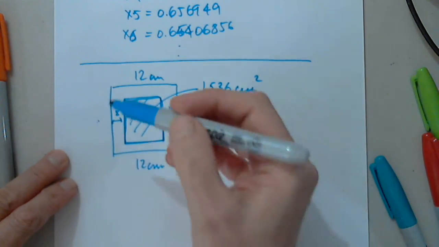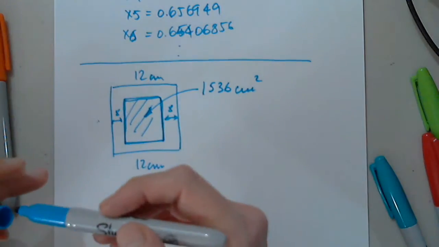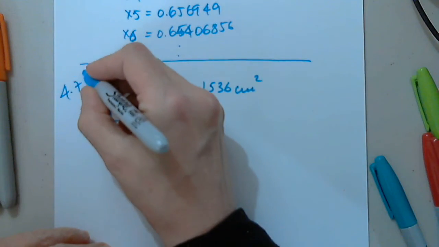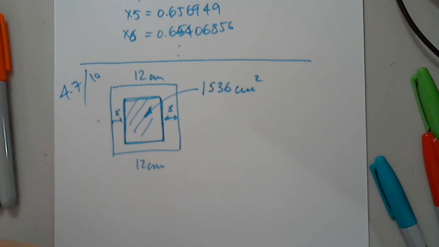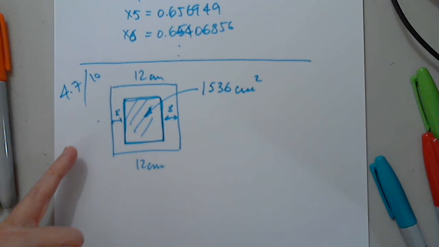Do we have these sides or not? The same way you have it drawn is the same way it shows on the website. So you're saying this is a problem from 4.7. Which problem is it? Number 10. So let's read it together. Let me go there just to make sure.